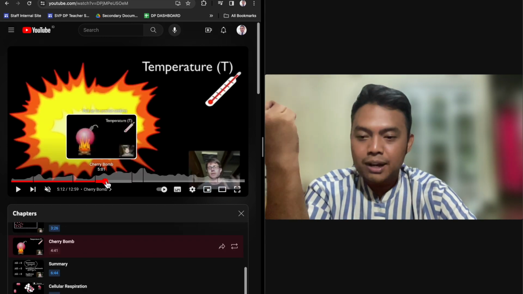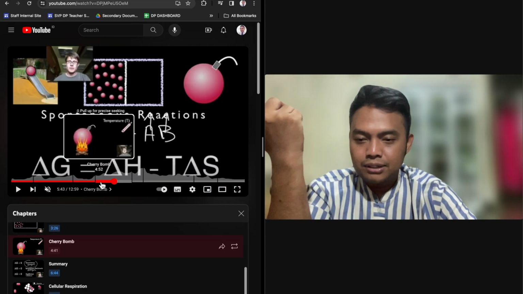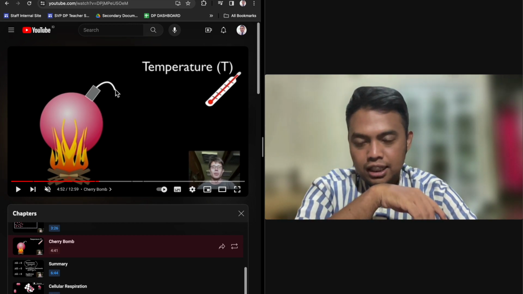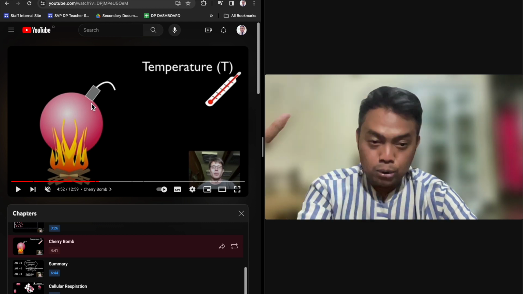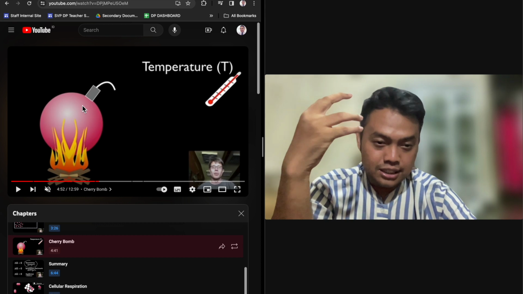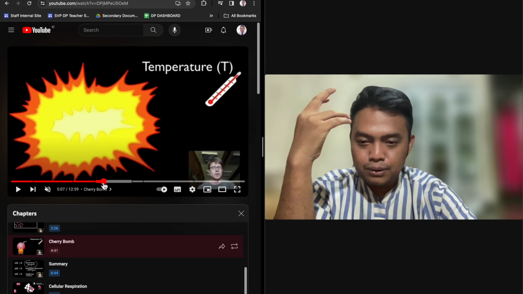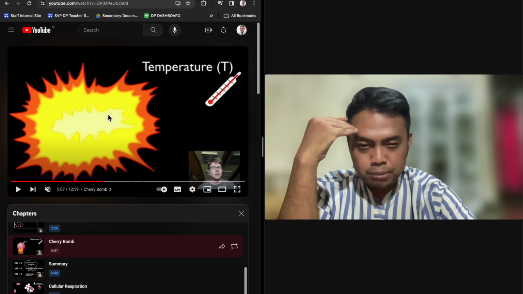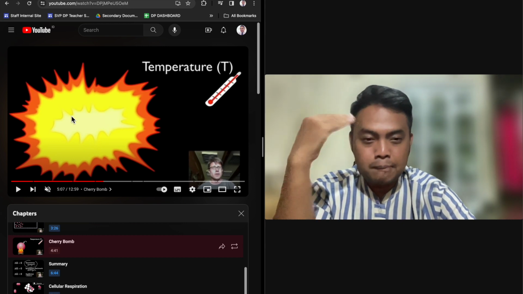The third one is the cherry bomb. So the cherry bomb essentially is, if you increase the temperature, like this cherry bomb will explode when you have fire in it. And that's spontaneous reaction. So if you want to have these spontaneous explosions, you need to increase the temperature.